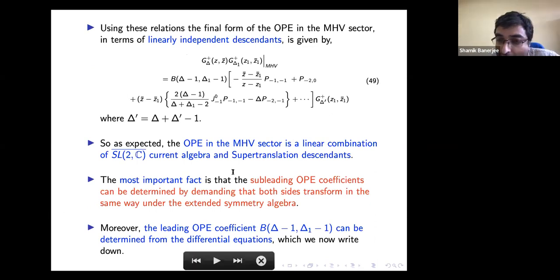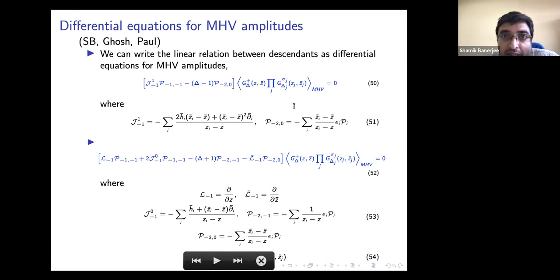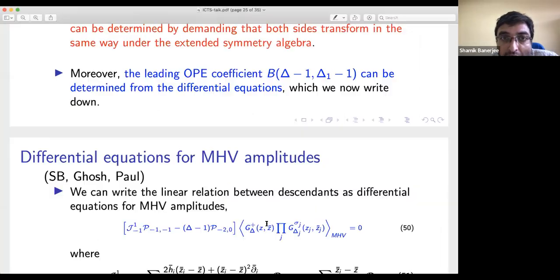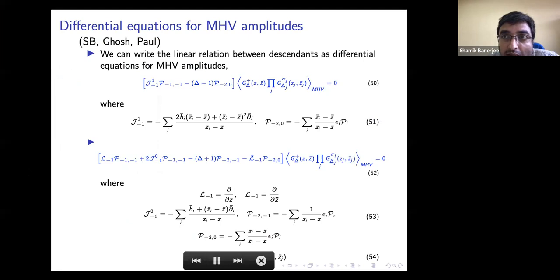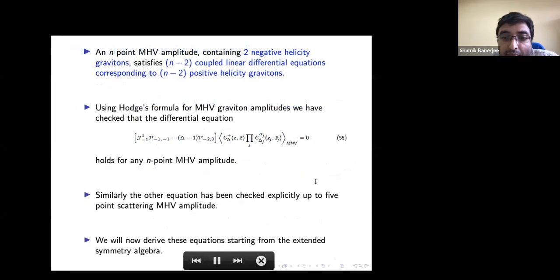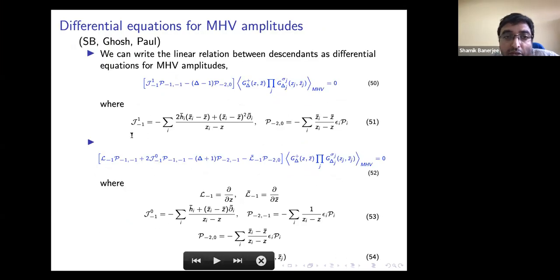In fact, let me just go to the differential equations. So this is an MHV amplitude, okay? And we get these differential equations. So these are the equations that we get.